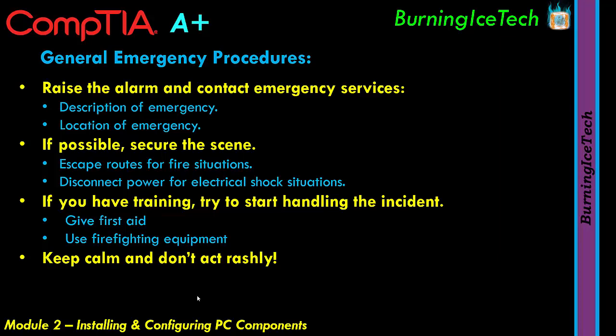You can start killing the fire where it's safe to do so. If it's not safe to do so, leave it for the fire department, leave it for the pros. If it's a medical emergency and you happen to be trained in the basics at least, you can start with the medical, but leave it for the professionals. Obviously, you don't want to just leave the person there. So if you are trained to do so, you can start helping them until at least the first responders can get there.